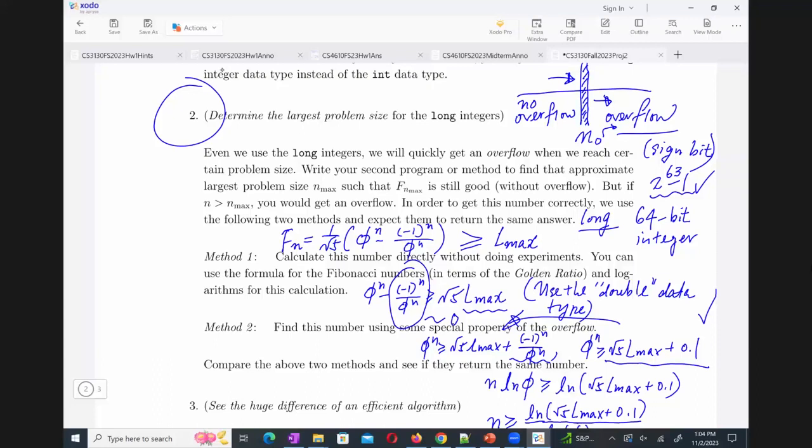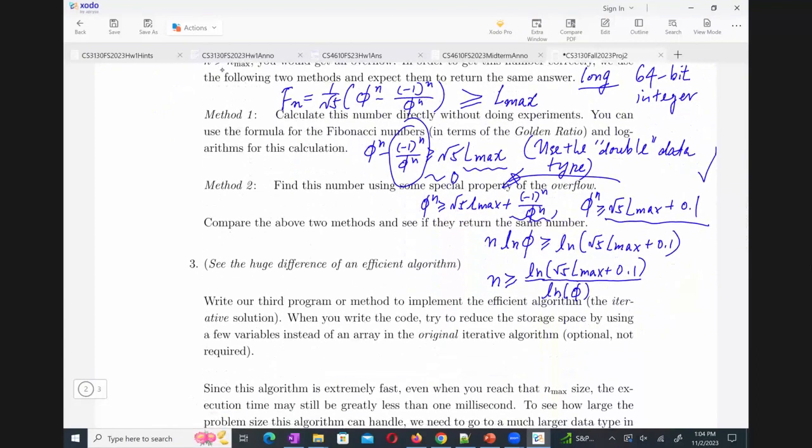So for this formula, we can use it to find the largest good one, not the bad one, so that we may call it N max. N max is the largest good one before the overflow.